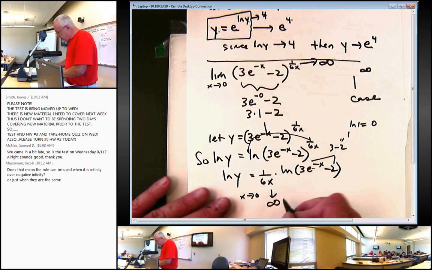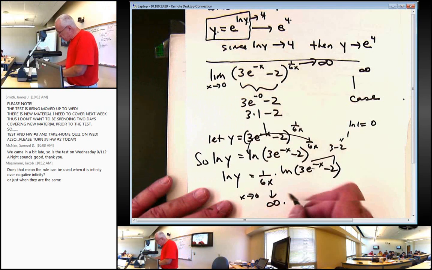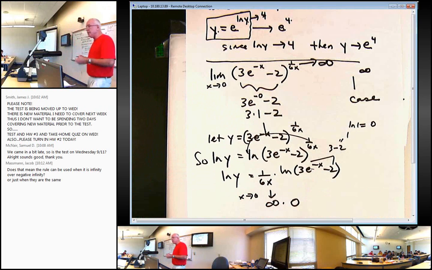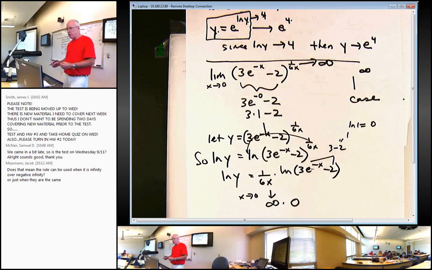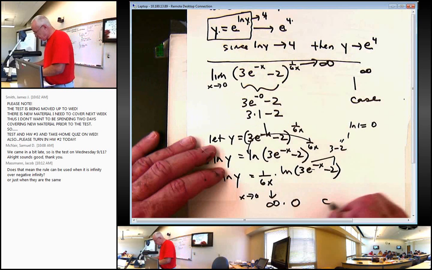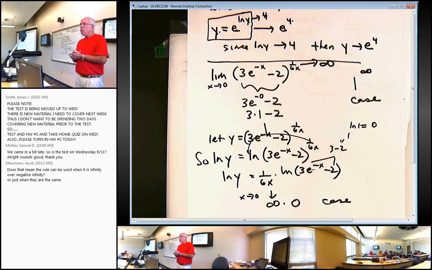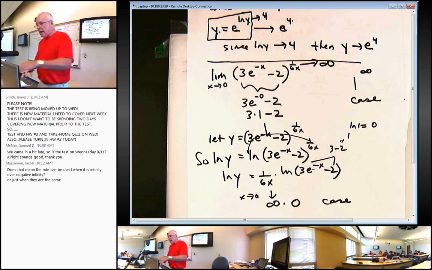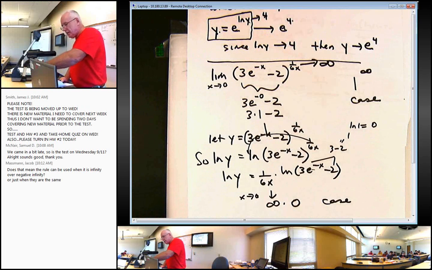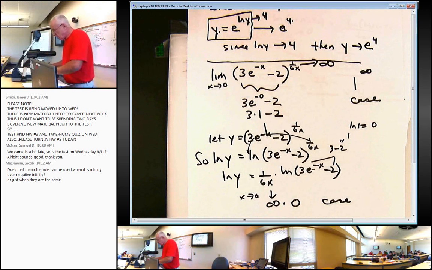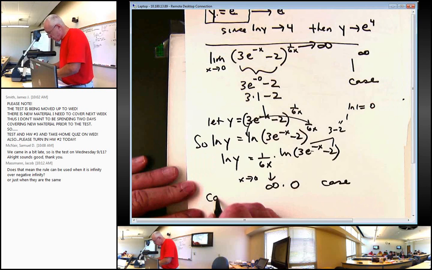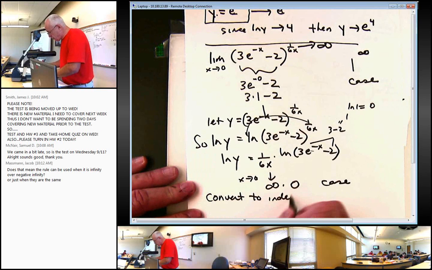So this turns into an infinity times 0 case, which is what we want. All right. Okay. Now, let's convert this then into an indeterminate quotient.